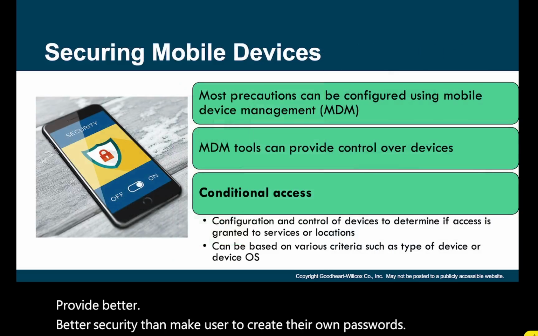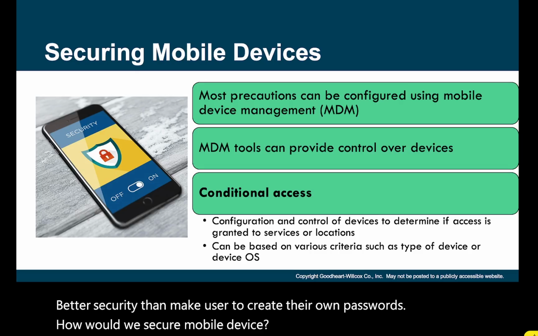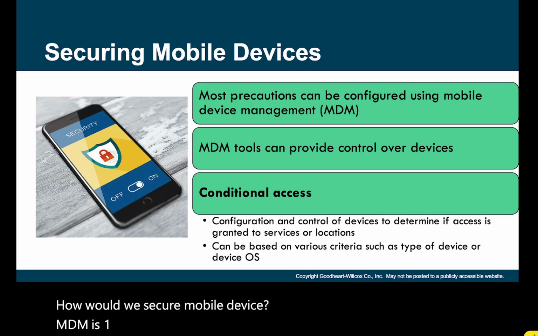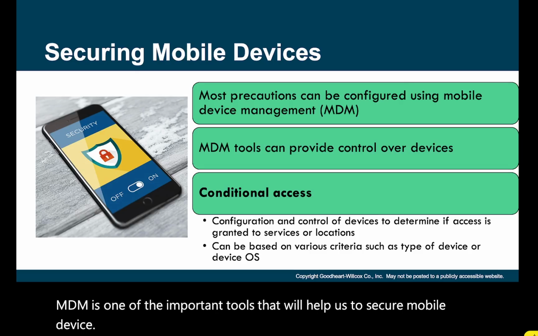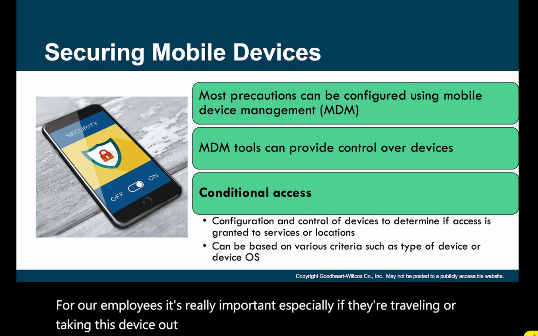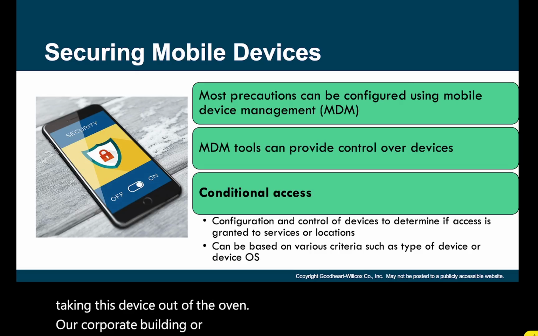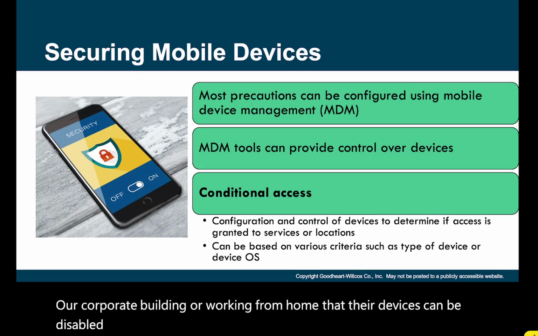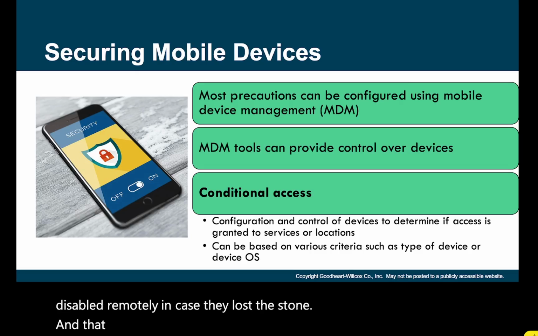How would we secure a mobile device? Well, MDM is one of the important tools that will help us to secure a mobile device. For our employees, it's really important, especially if they're traveling or taking this device out of our corporate building or working from home, that their devices can be disabled remotely in case they are lost or stolen, and that they have conditional access to different resources that are implemented by the organization.